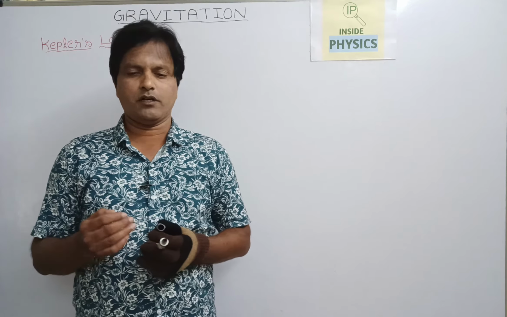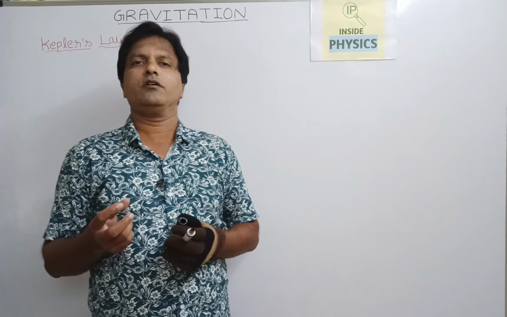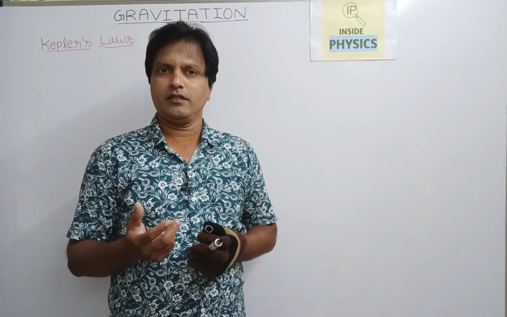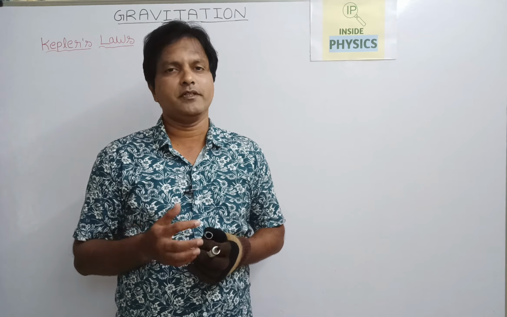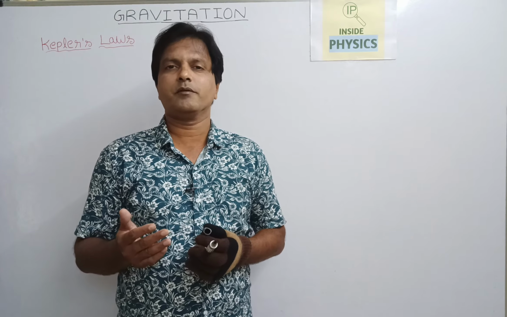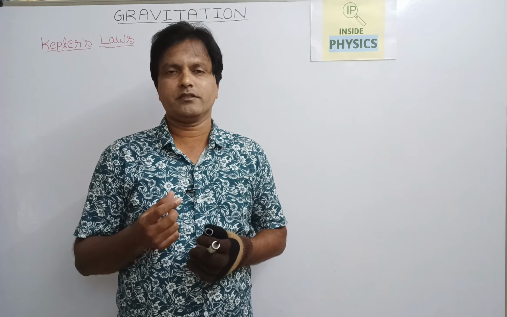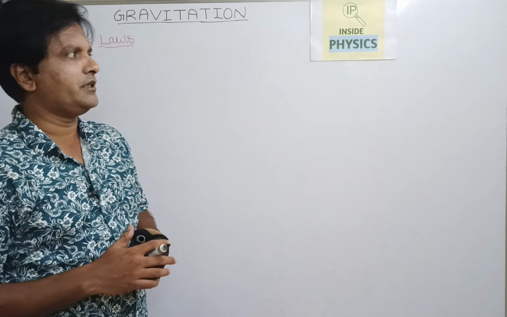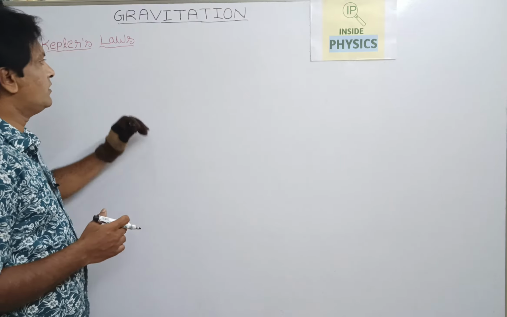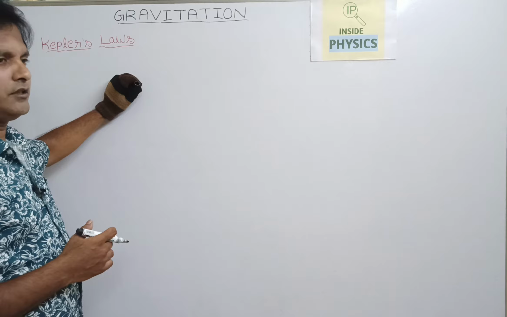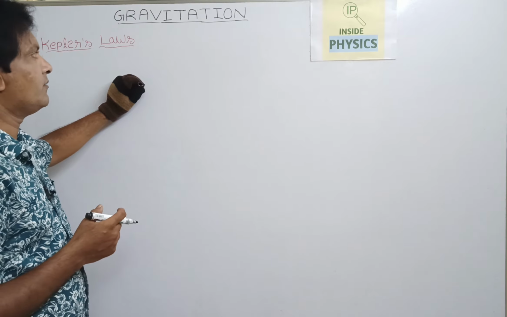We all know that the planets are revolving around the sun in elliptical orbits. It was not as Copernicus proposed, with planets revolving in circular orbits. That was proved wrong, and now we know that the planets are revolving in elliptical orbits.